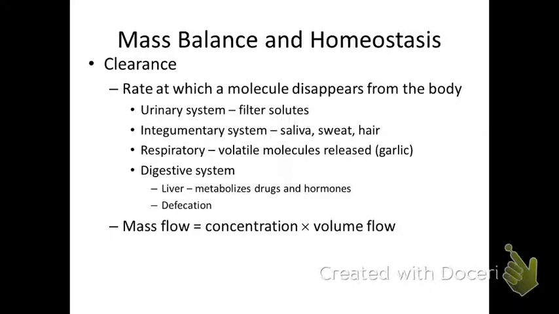Now, when we talk about mass balance, we have to talk about clearance. That is, how fast do we get rid of molecules? I'm not talking about water here, I'm talking about other molecules. So yes, the urinary system is getting rid of our solutes, right? It's getting rid of molecules. The integumentary system, we are sweating out, and in our saliva, we are getting rid of waste products. Your hair can be used forensically to determine drug use or other metabolites.